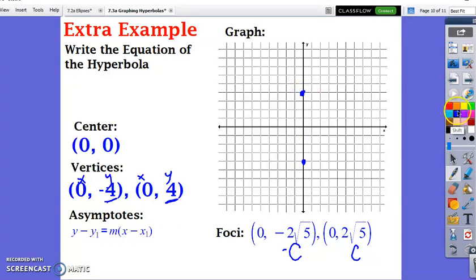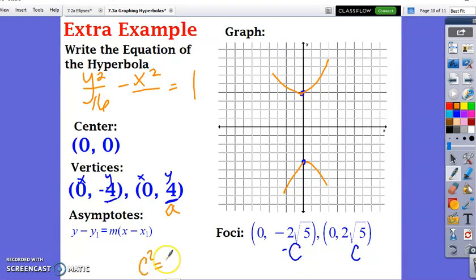So that means that this hyperbola is going to be opening up and down, which means that it's going to be y squared first. So this is my a value. So that means a squared will be 16. This is my c value. c squared is going to equal whatever 2 square roots of 5 squared is, which is 4 times 5, which is 20.